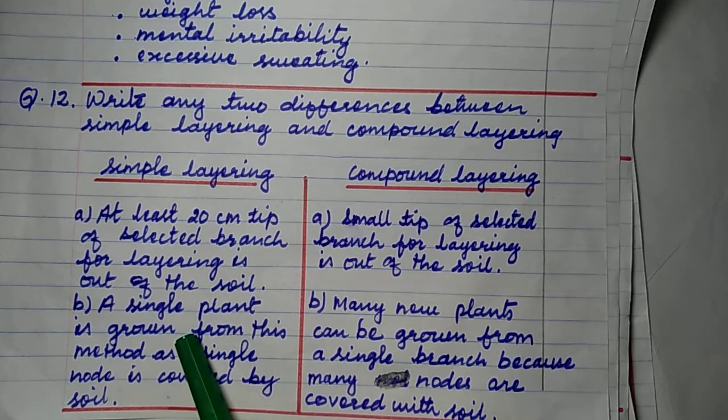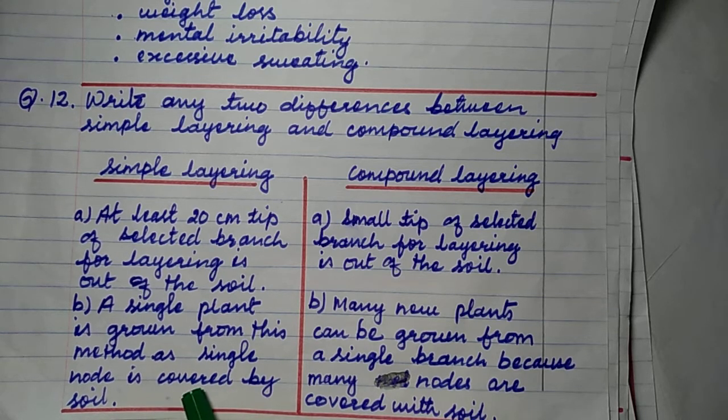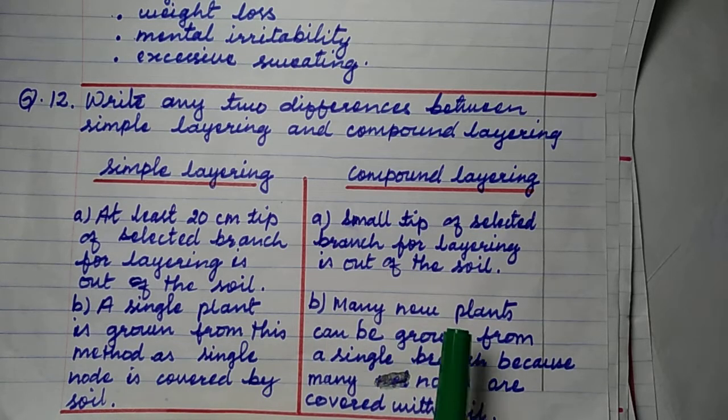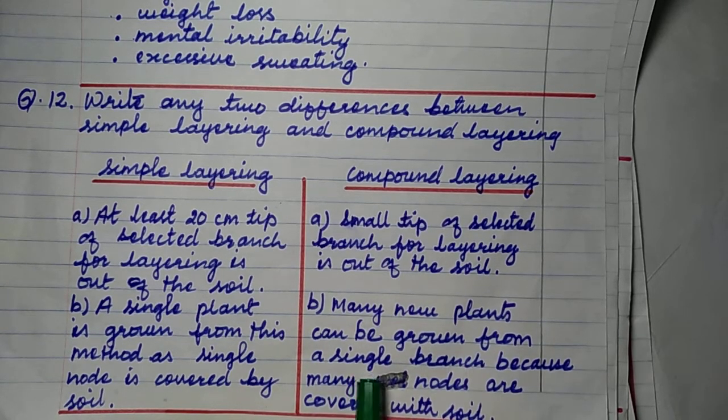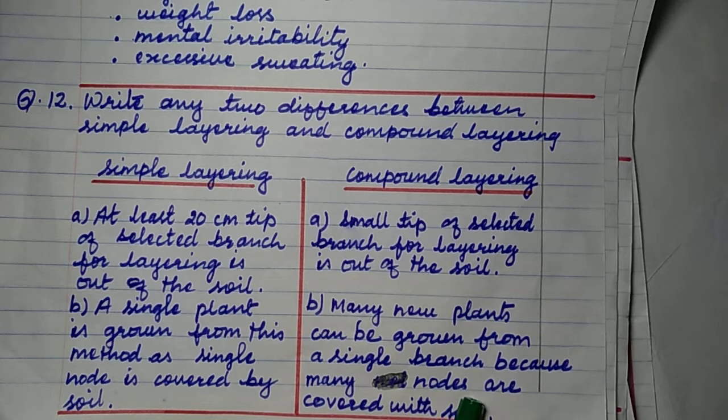In simple layering, a single plant is grown from the branch which is used for layering, because only single node is covered by the soil. In case of compound layering, many new plants can be grown from a single branch used for layering because many nodes get covered with soil in this method. So the whole branch is kept under the soil so that many nodes will get covered by the soil.